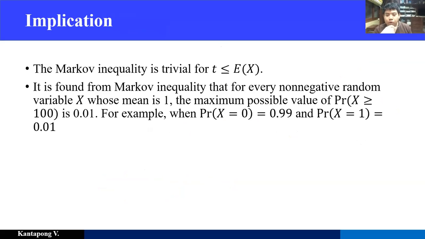For example, when the probability of X equal to 0 is 0.99 and the probability that X equals 100 is 0.01. Okay, so this is not tight for most distributions, especially for the normal, but it is true for some distributions.